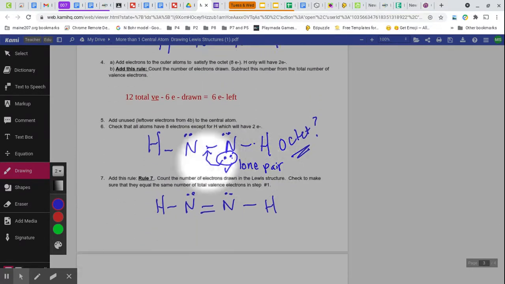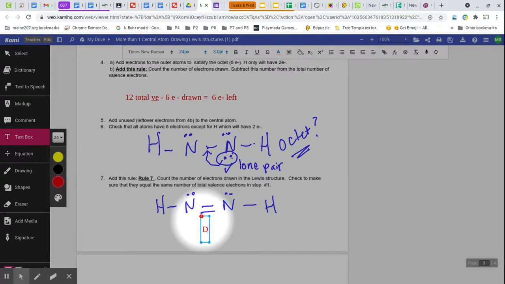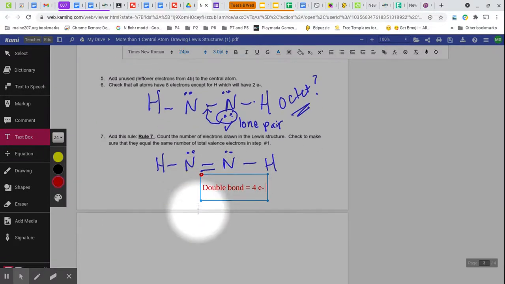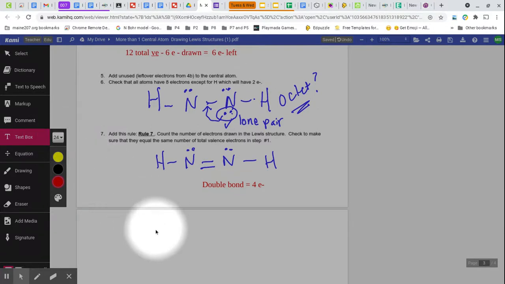So this is called, let me type in what we did. Okay, so this is called a double bond. A double bond has 4 electrons. Why 4? Because each line represents 2 electrons. So now I'm going to tell you something to add to your notes about when to use double bonds.